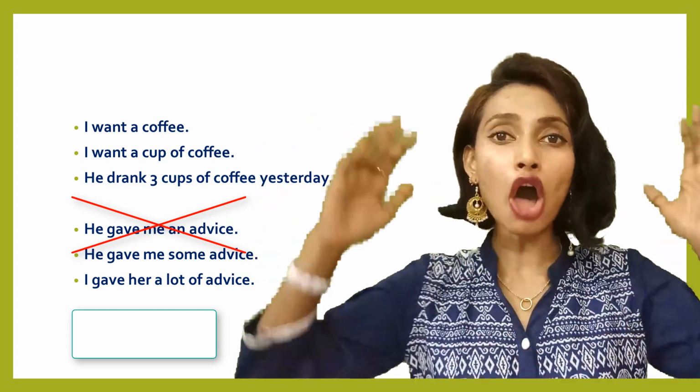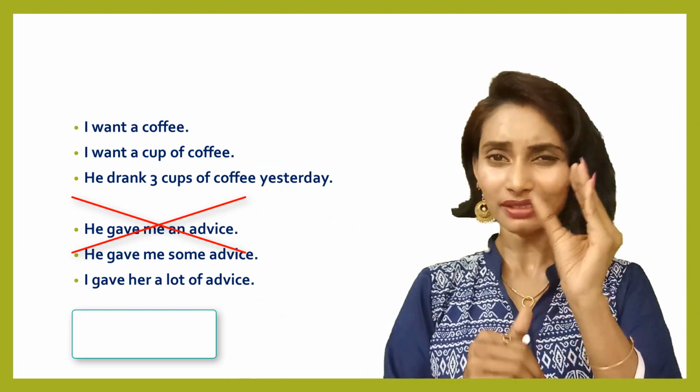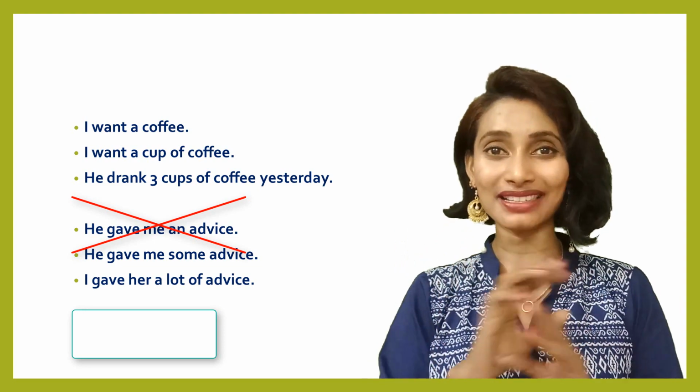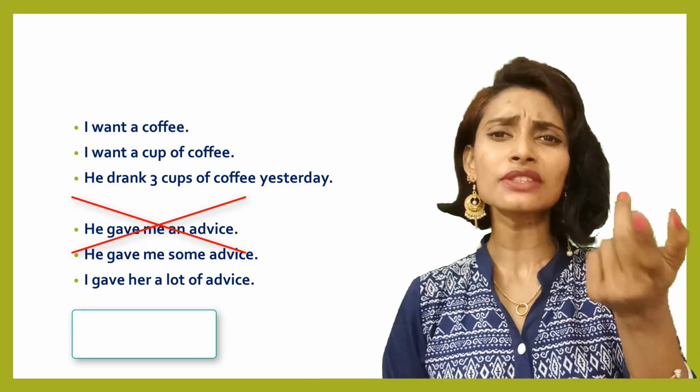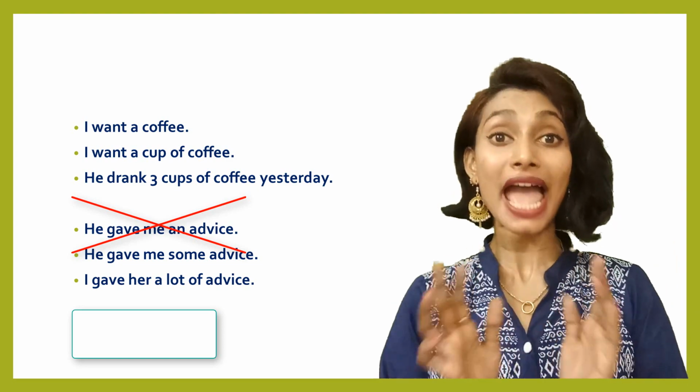You can use a lot if you are talking about more, and if you are talking about some, you can use some before advice, but not an advice. It is wrong. You can use a piece of advice. That is also acceptable, but not an advice.